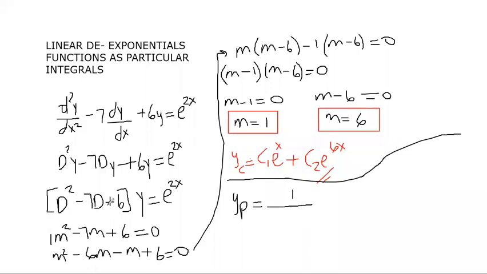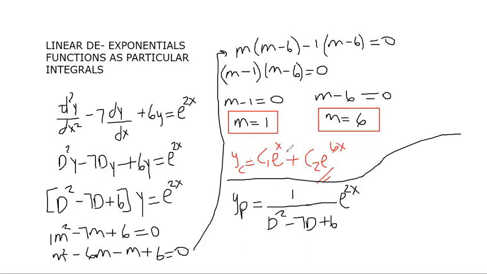So it's always 1 divided by what is inside the bracket, which is D squared minus 7D plus 6, and we multiply it by what is on the right hand side, which is e to the 2x.